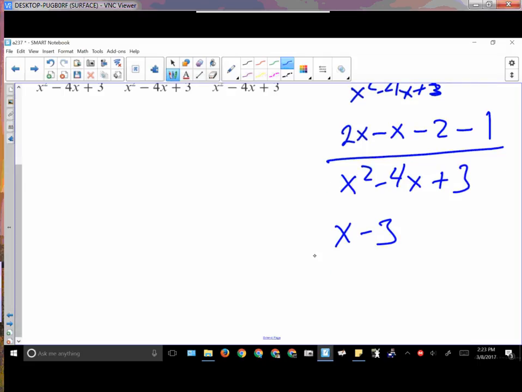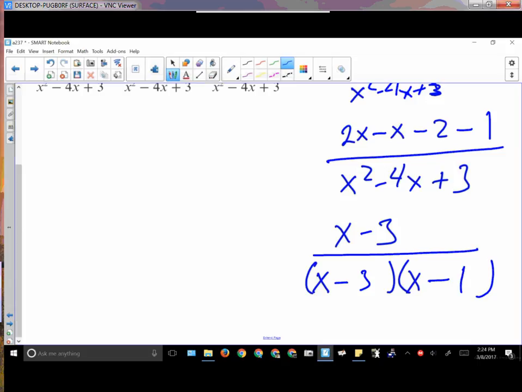Last but not least, I got to factor that just to check. We know this is x. We know that is x. That's positive. Negatives here, so it's minus and a minus. So what factors of 3 get us to a 4? 3 and 1.